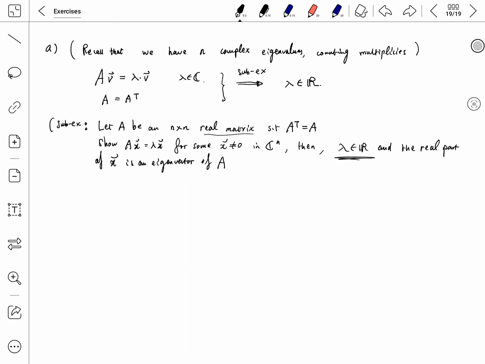So let's first give a hint for this sub-exercise. Compute the conjugate of x transpose Ax. Let me add also a sub-exercise.